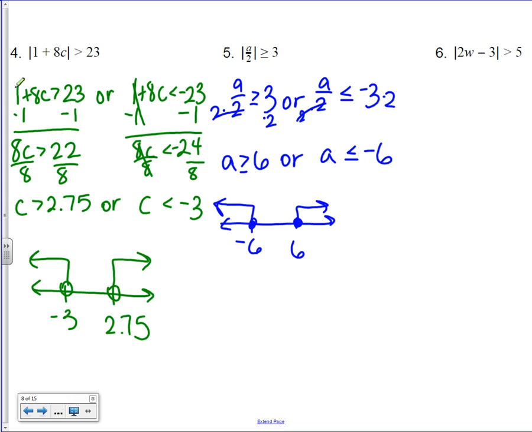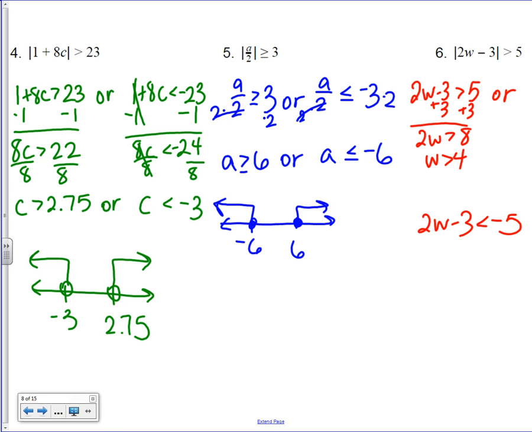Last but not least here, number 6. Set up your positive version, or then we have our negative version. Solve for W. Number line.